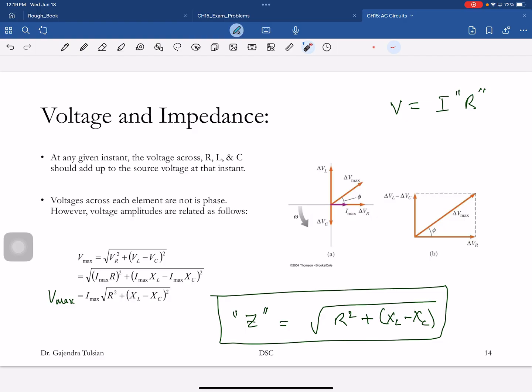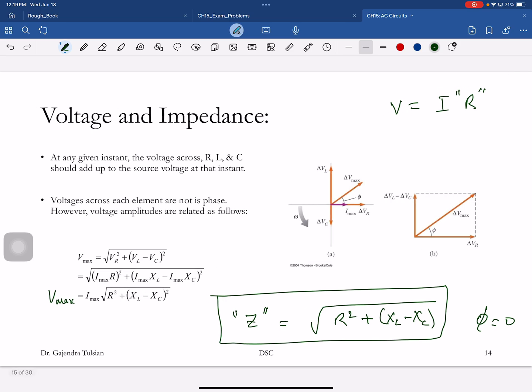You could potentially find a frequency where this would be 0, and that would give you the minimum impedance and maximum current. And you'll learn in a second, when this is 0, that's when phi is 0. That's when maximum power is delivered to the circuit.